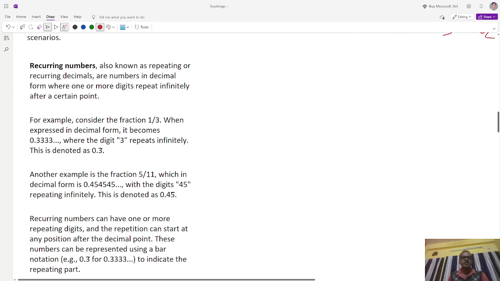When expressed in decimal form, it becomes 0.3333, where the digit 3 repeats infinitely. This is denoted as 0.3 bar.